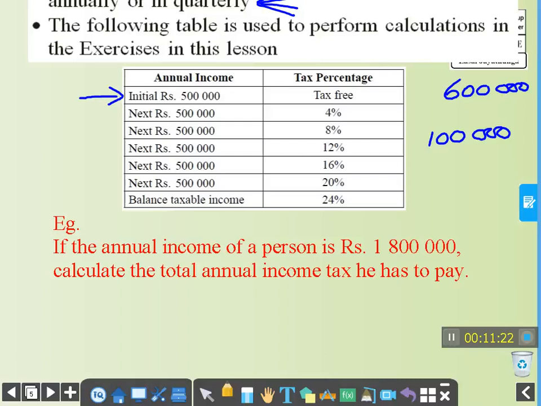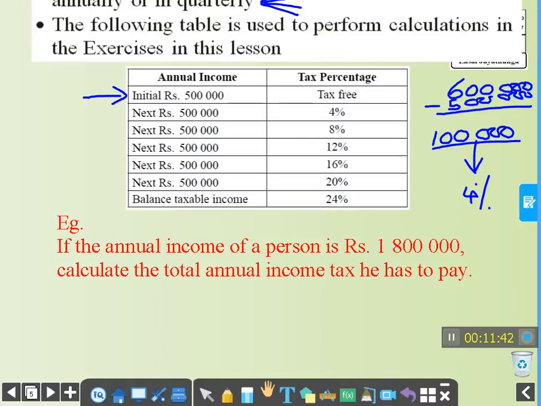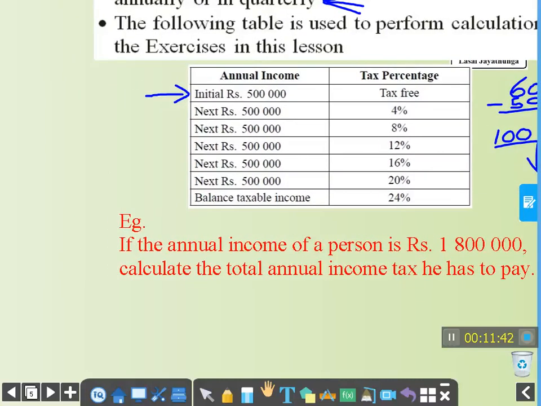That's why from your income of 600,000, 500,000 is tax free. Additionally, your income is 100,000. For that 100,000, according to the table, you have to pay 4% tax. Clear? Right.